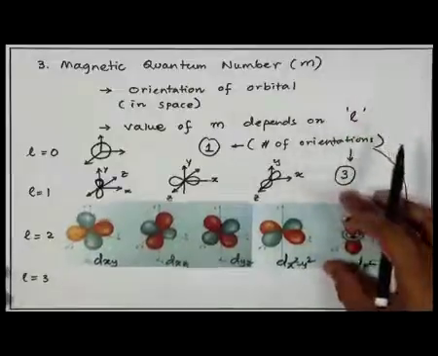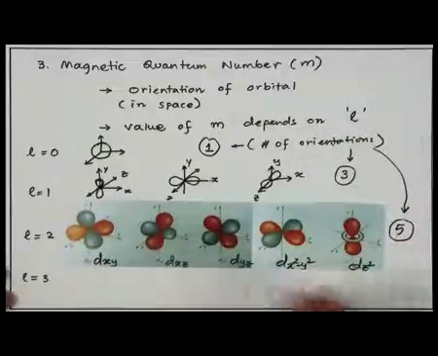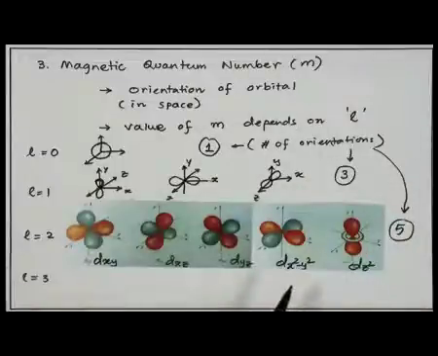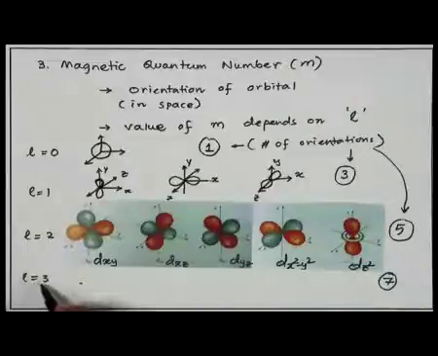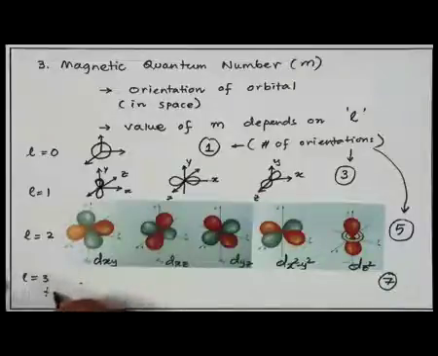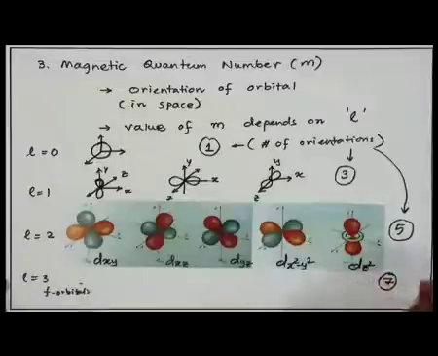When L is 3, it is very difficult to even drive the point home by showing a beautiful illustration. We will skip that part, and I just tell you that there are 7 different ways to orient L equals 3, which is the f orbital. Right. So, what did we see so far?